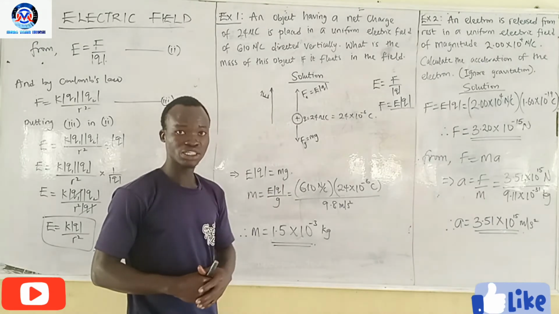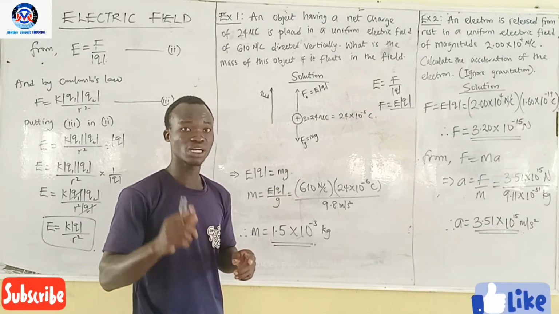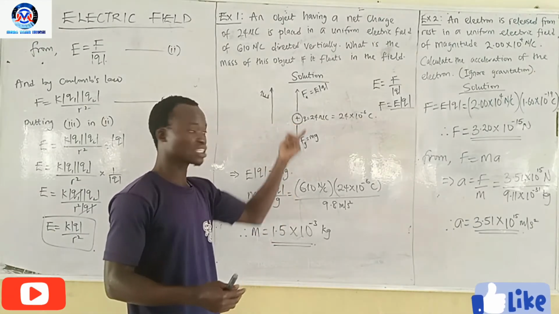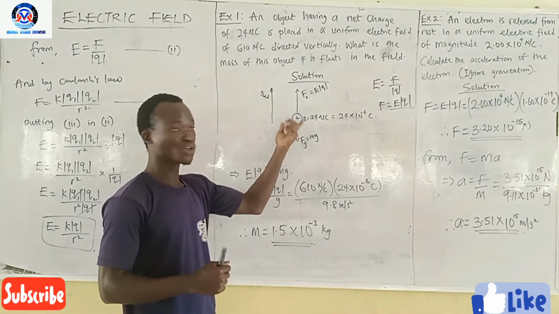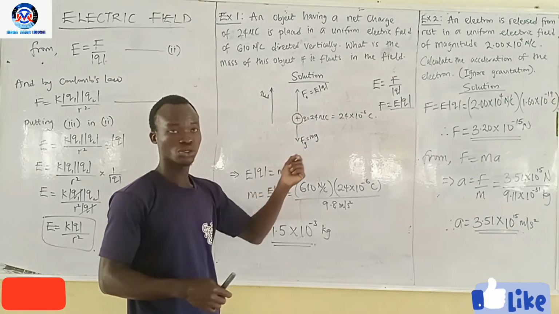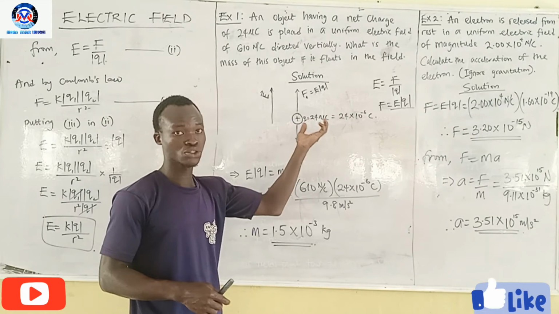There's another force acting on the charge, the gravitational force, which will be pulling down this charge. From the question, we have to find the resultant force to know the direction in which this charge is moving.